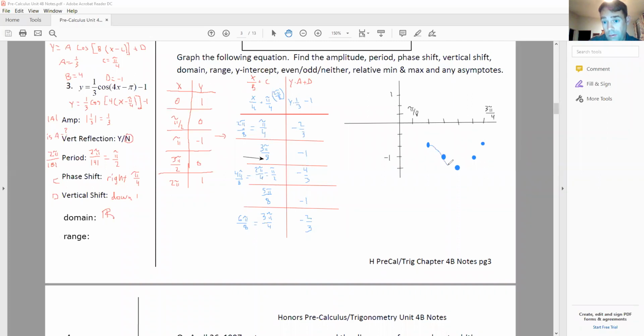So we're going down, then we're going up. All righty, well, here we go. What is the y-intercept? Guess I could probably finish off the range real quick. Let's do that. The range, I went from -4/3 to -2/3.